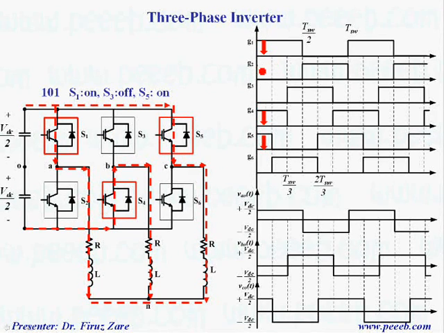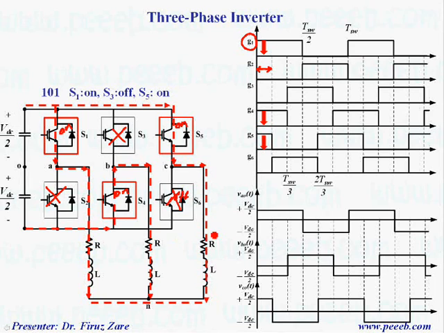For the first interval, which is given here, G1 is sent to S1, so this one is on. There is no gate signal for G2, that means this is off. G3 is off. G4 and G5 are on, and G6 is off.